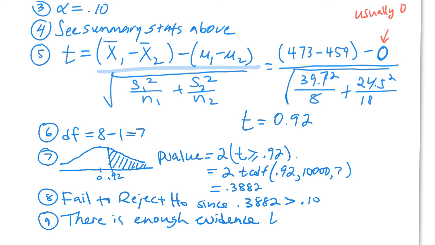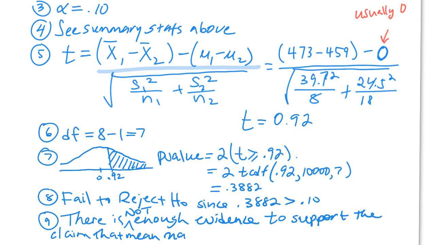Next phrase is, because the claim's HA, I failed to reject H0. So there is not enough evidence. And the claim's HA, so to support the claim that the mean math scores for the two teachers are different.